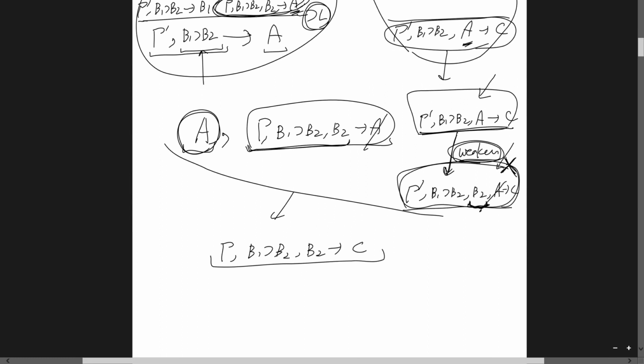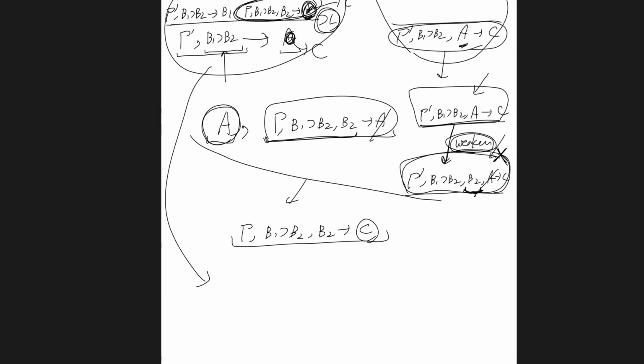And the plan now is we'd like to rebuild this rule, but by replacing A with C. If we manage to replace this A with C, this would be converted to C as well. And that's what we want.